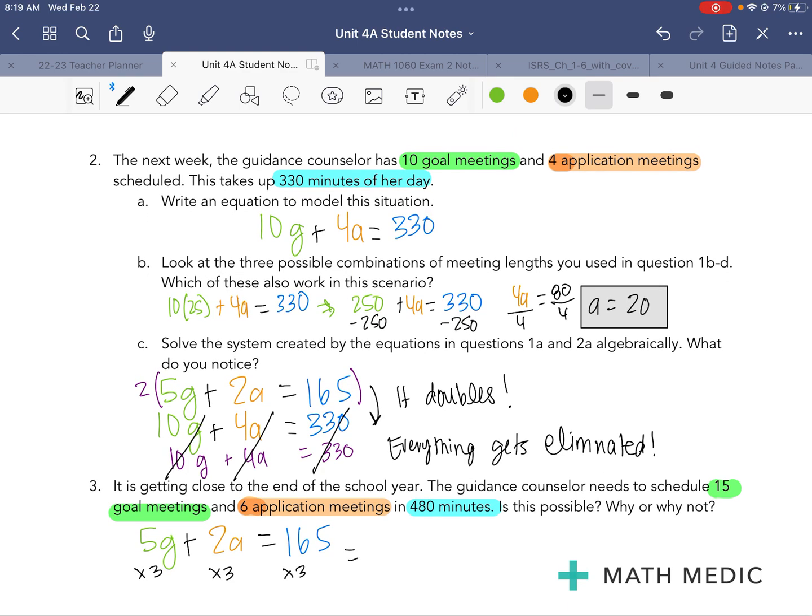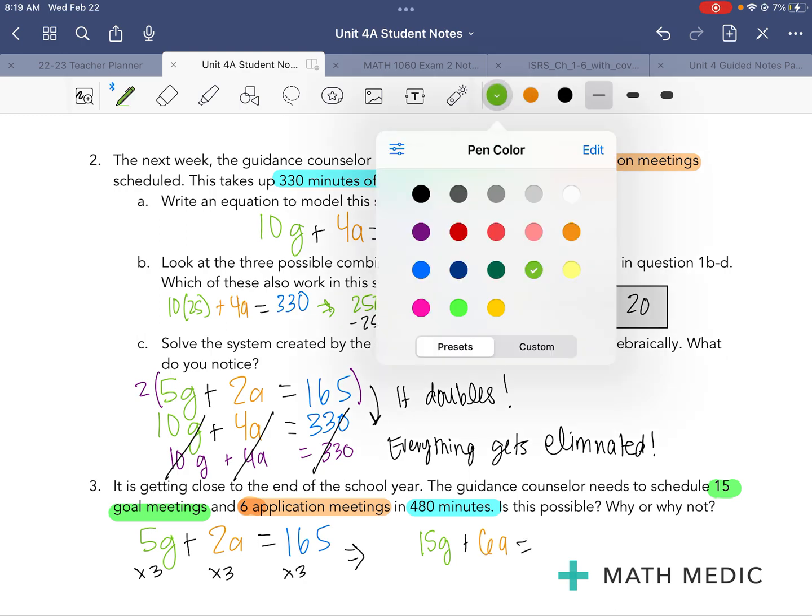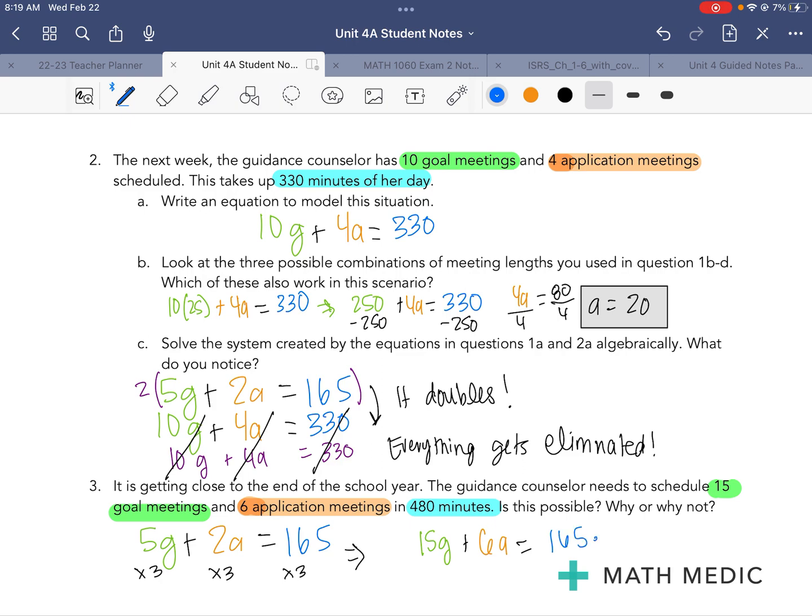So if we go through and we times everything by 3, we would get 15G plus 6A, and it would need to equal 165 times by 3. Whatever that comes out to equal. So if we actually put 165 times by 3 in a calculator, it should equal 495.